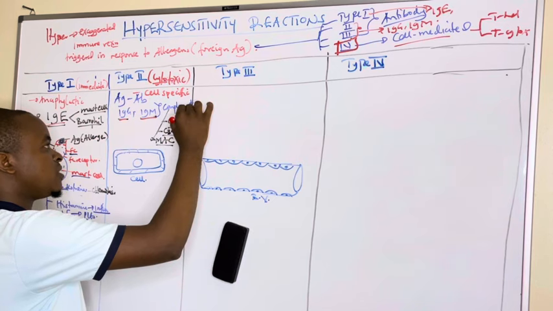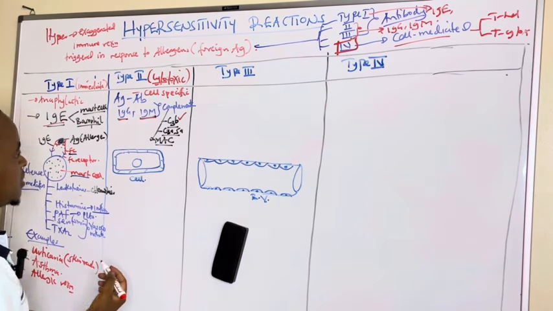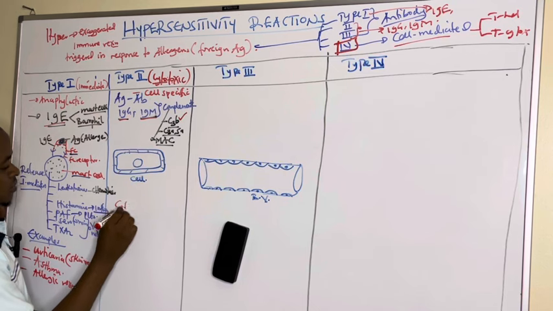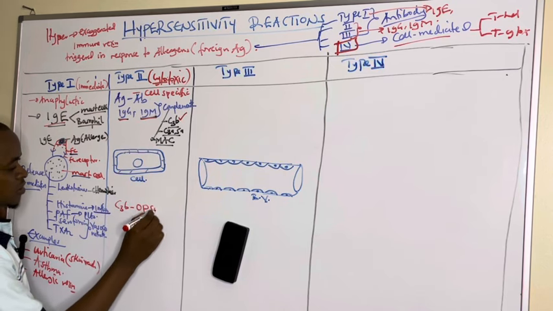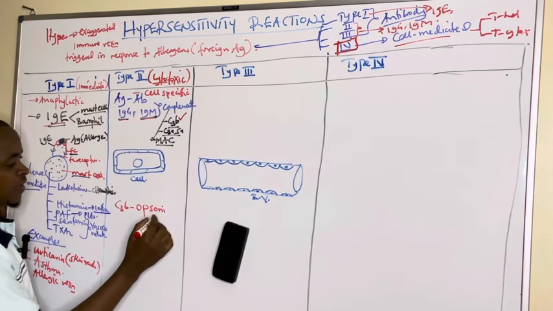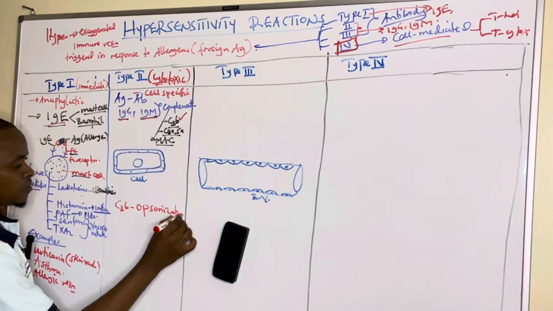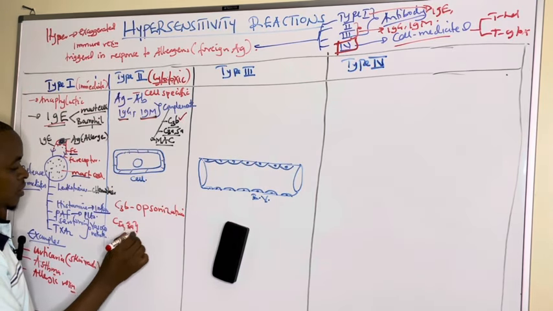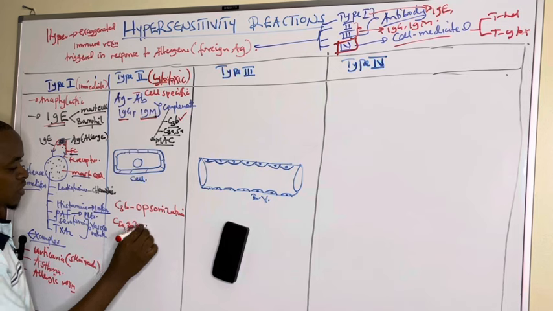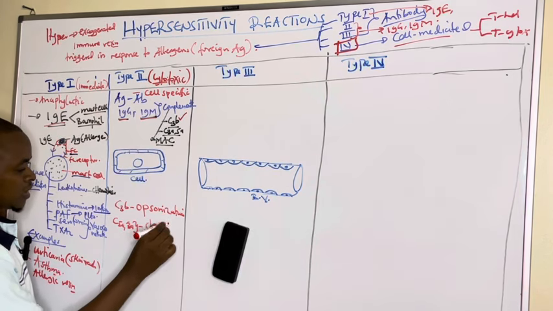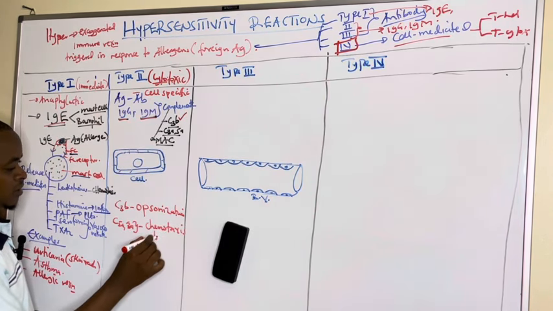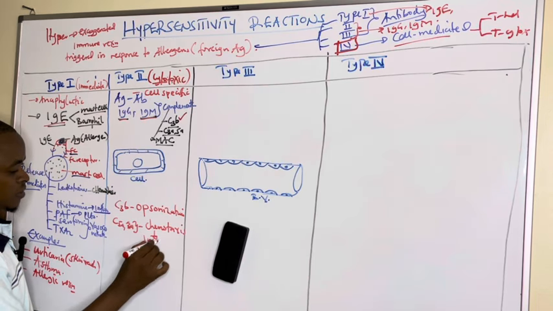production of complement 3B. And complement 3B is strong, causes opsonization, that is tagging the infected cell, whereas complement 5A and complement 3A enhance phagocytosis by causing chemotaxis, which at the end enhances inflammation.